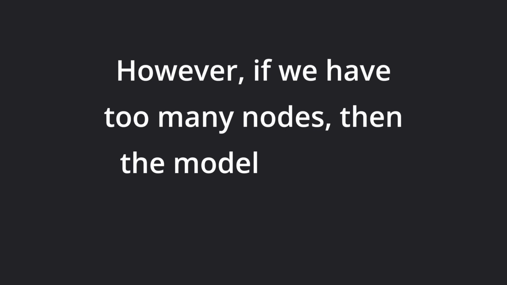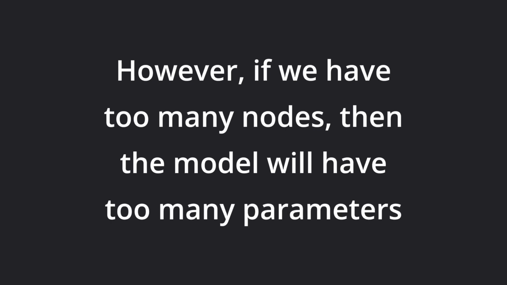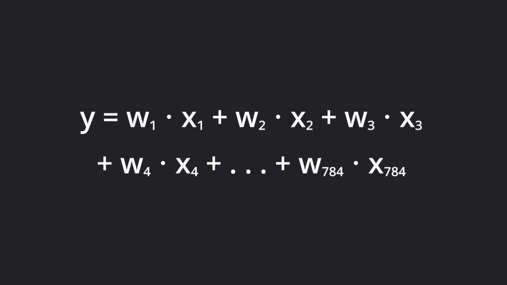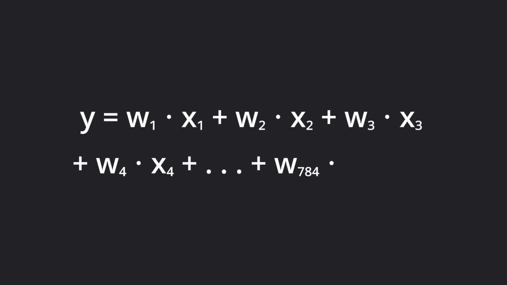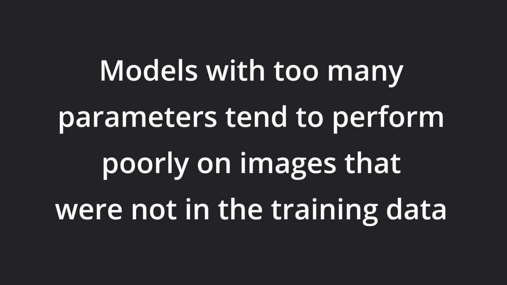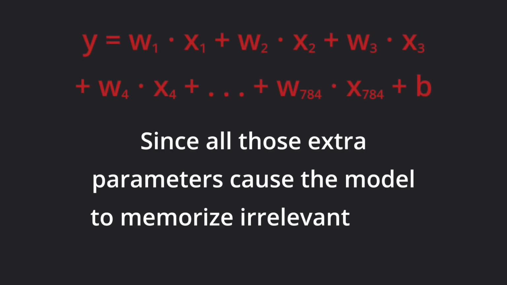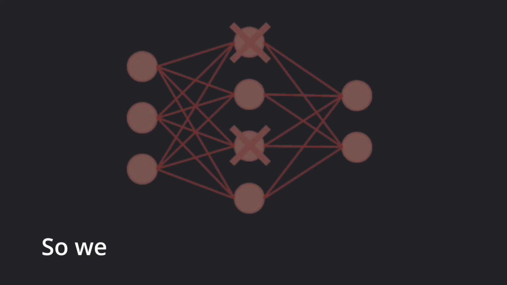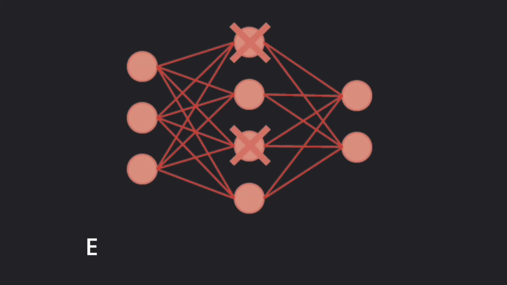However, if we have too many nodes, then the model will have too many parameters, since each node adds 785 more parameters from the 784 W's and the one constant term B. Models with too many parameters tend to perform poorly on images that were not encountered during training, since all those extra parameters cause the model to memorize irrelevant noise in the training data. So we choose 20% of them at random every time the model is called and effectively delete them.